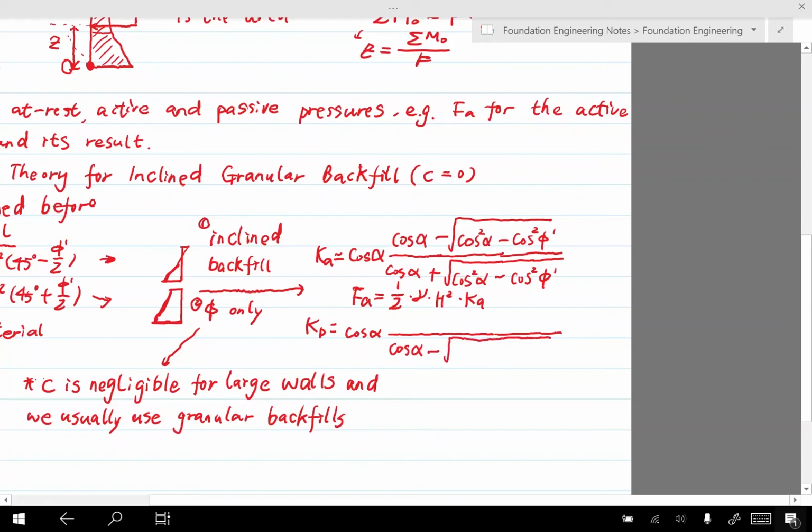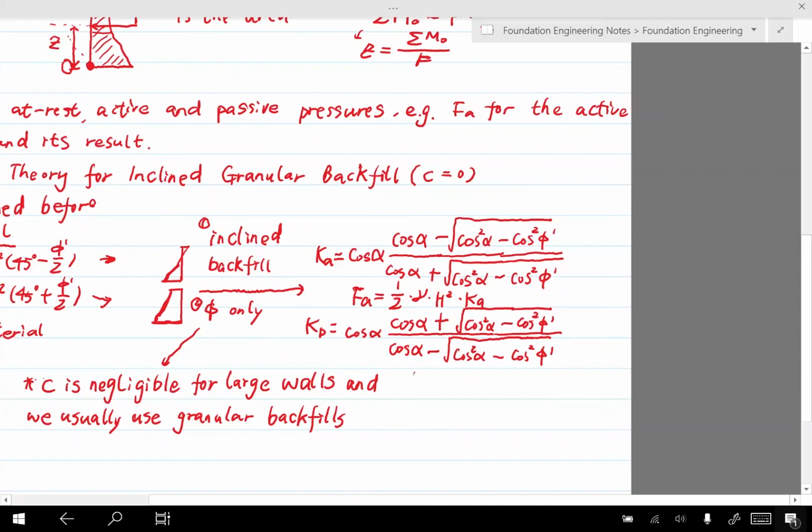Inside the square root, we will have the same. The numerator, we have cosine alpha, now it's plus. So we have a square, second power, for each of the terms inside the square root.